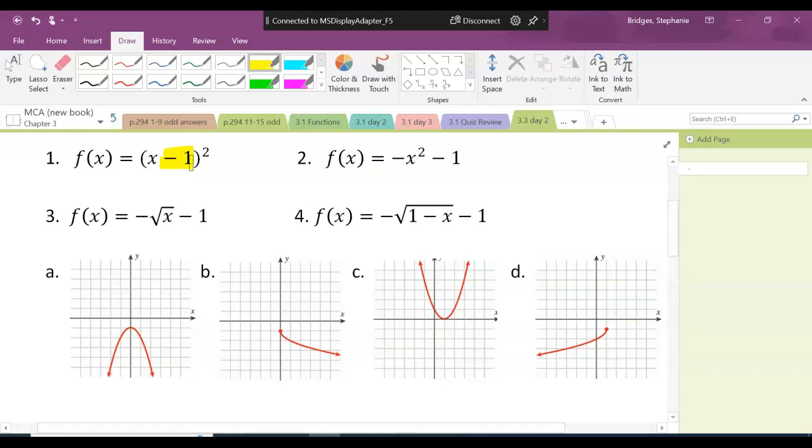So if I do it inside of my function, it's going to be either left or right. By subtracting it, it's going to go the opposite direction, which means it's going to go to the right one. Is that the only movement that I've made? Yes, that's the only change to my equation from the original. So that means it's going to take this graph right here and just shift it to the right one. Which option is that? C, right? Everybody agree? C? Okay.